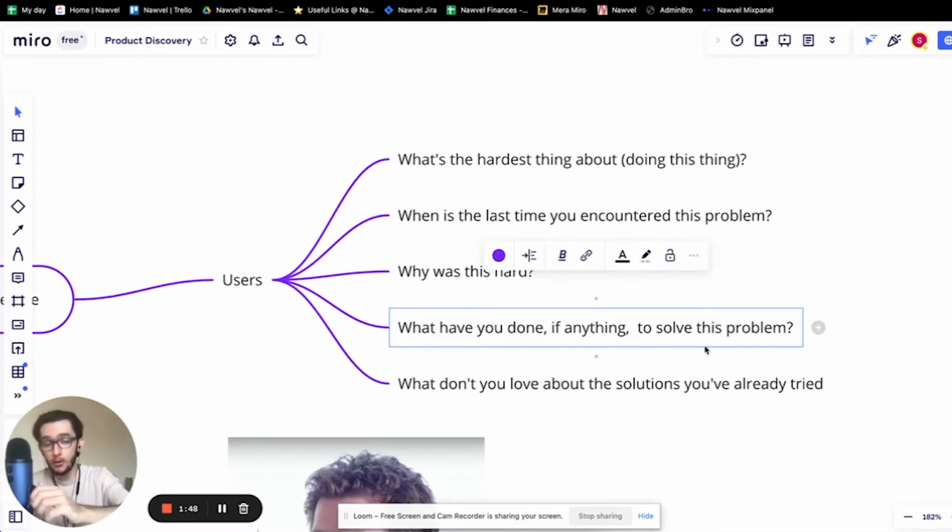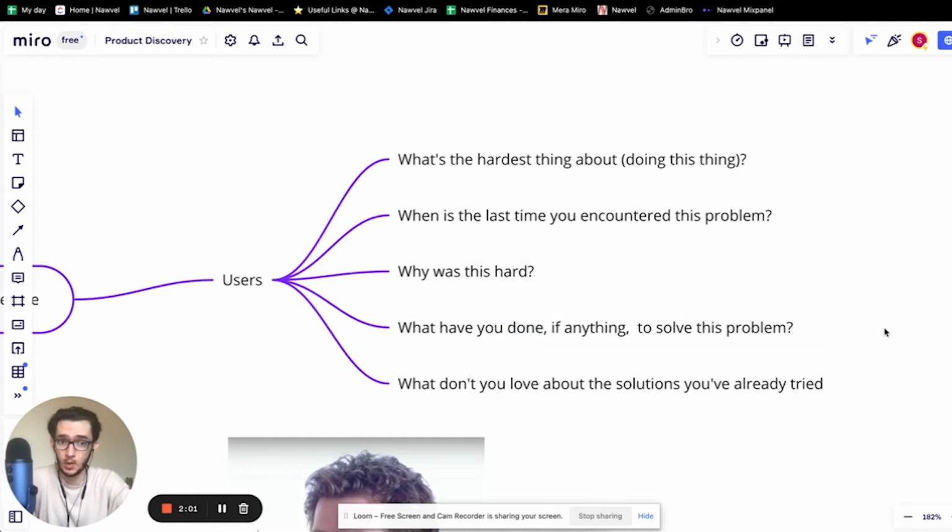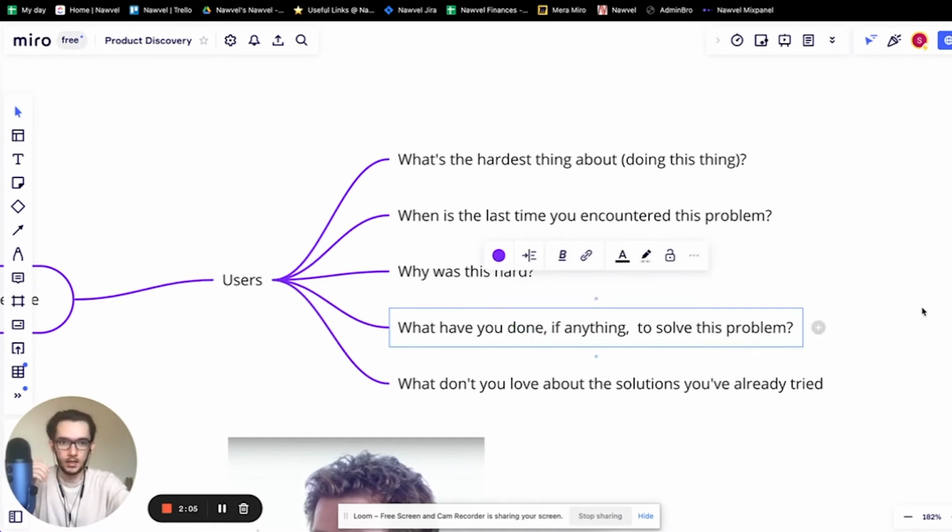What have you done, if anything, to solve this problem? Here you just want to understand if the problem was intense enough, the likelihood that the person has done something to actually solve this problem is high, right? And so here you're going to understand what they actually tried to do to solve the problem, right? Let's say that they have actually used existing solutions in the market to solve their problem.